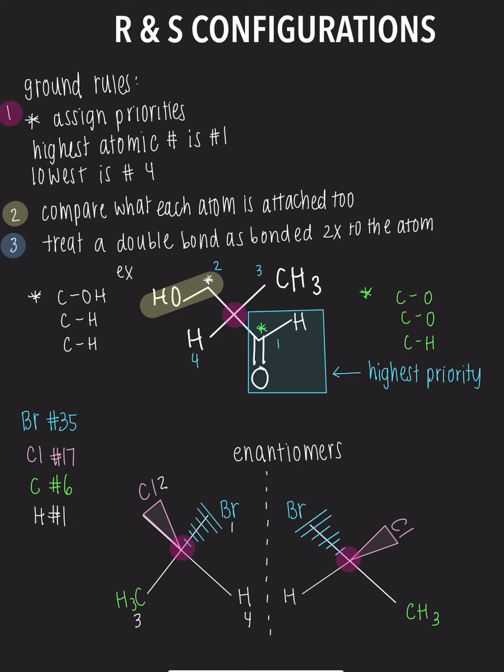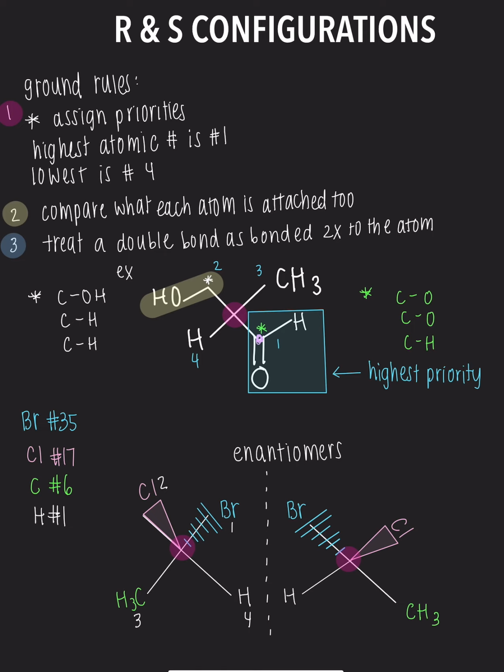But the second thing you have to notice is that you have to compare what each atom is attached to. For example, I'm going to show you. This carbon is attached to an oxygen, but not only is it attached, it's double bonded. So it acts like it has 2 bonds, or like it's attached to 2 oxygens with 2 single bonds.